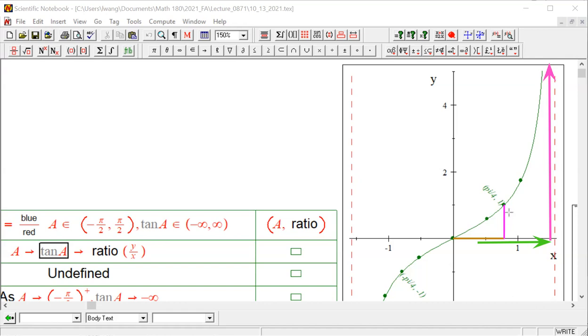Okay, so the output, we're talking about the ratio y over x in the definition, right? So that's the picture we get. So in writing, I'm going to write it down right now before we leave this screen.